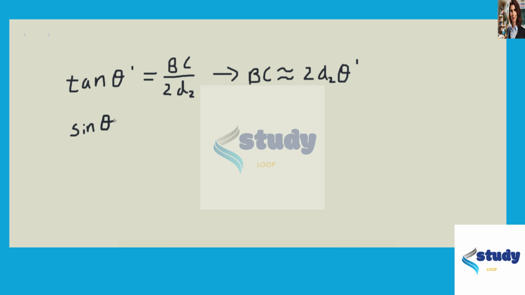angle theta divided by the sine of the angle theta prime, which, since we're using small angle approximations, is the same as theta over theta prime.